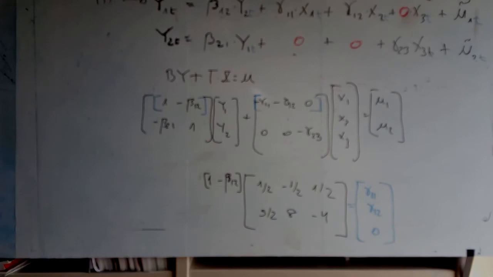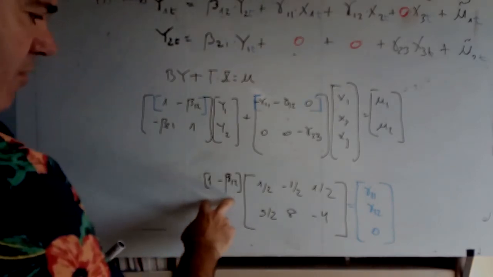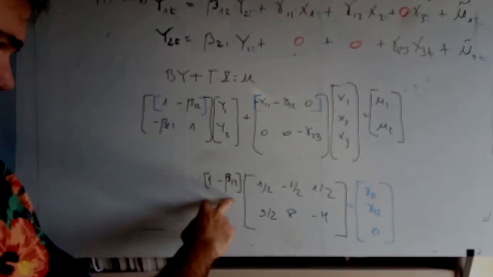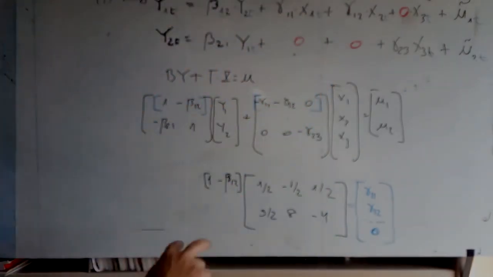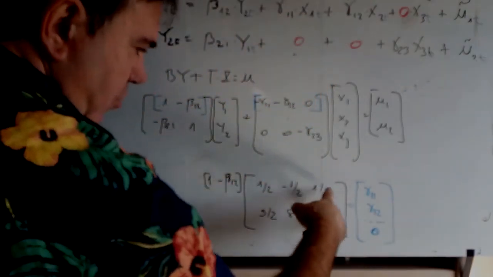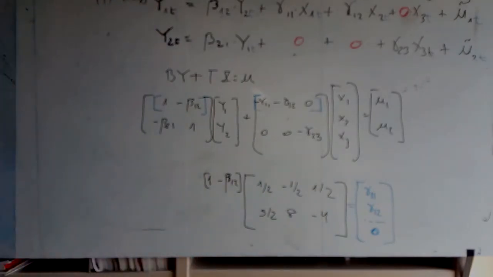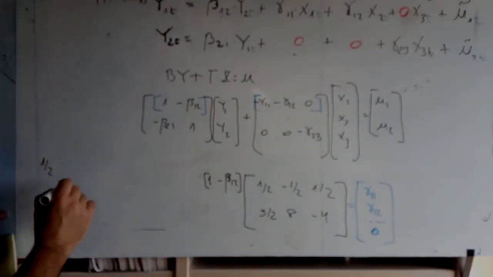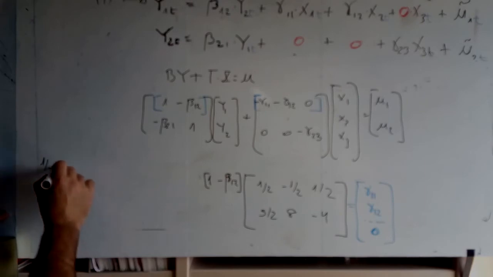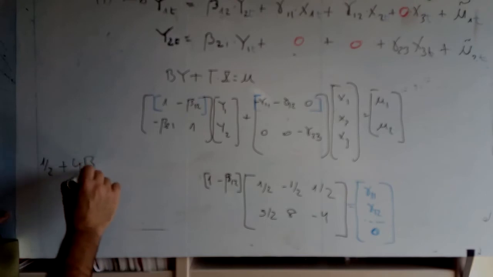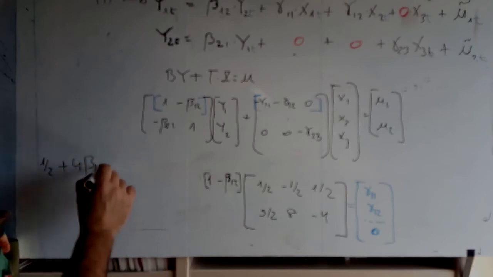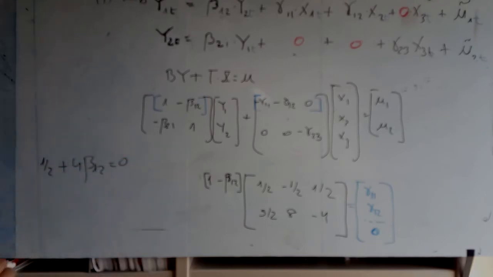So what we know, let's start with the beta, taking advantage of this 0. If I multiply this vector by the last column, what we get is 1/2 plus 4 times beta 1 2 has to be equal to 0.